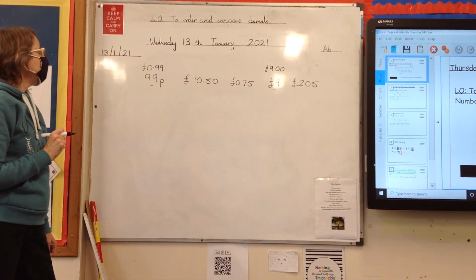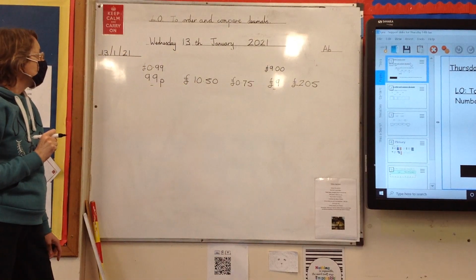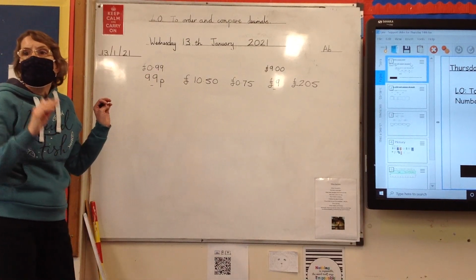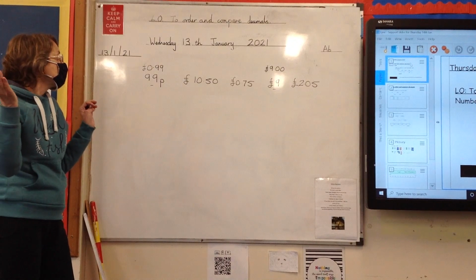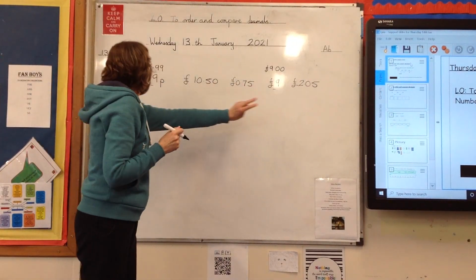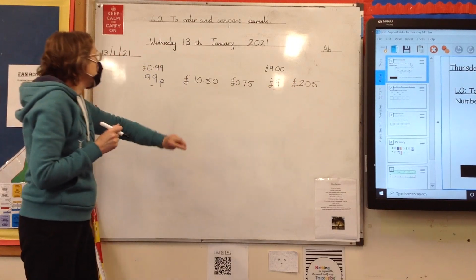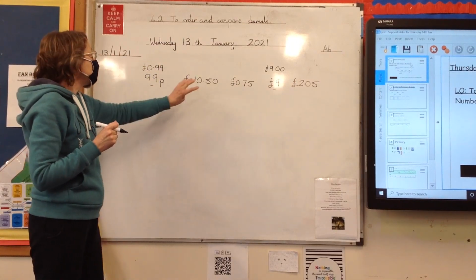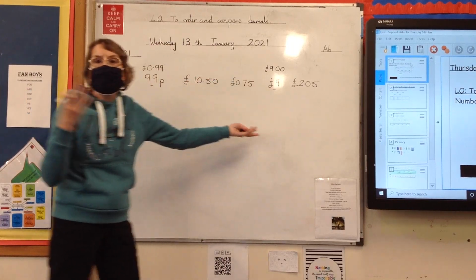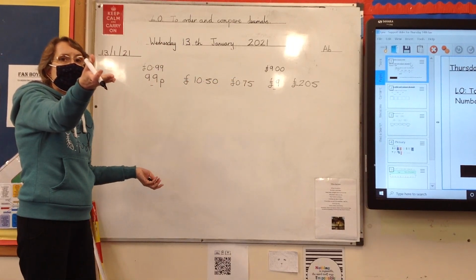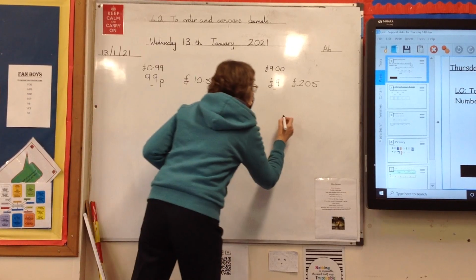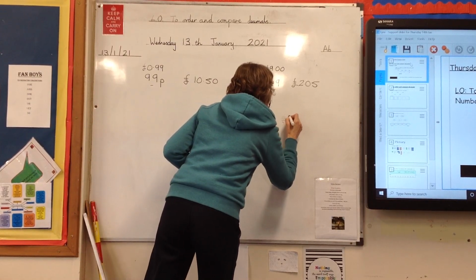So, how many numbers have we got with whole numbers? You've got £10.50. Yeah. You've got £9, and you've got £2.05. Good. Now, straight away we can see which is the biggest. Which would you rather have? £10, £9 or £2? £10, of course you would, because that's the biggest. So £10.50 would be our largest number.